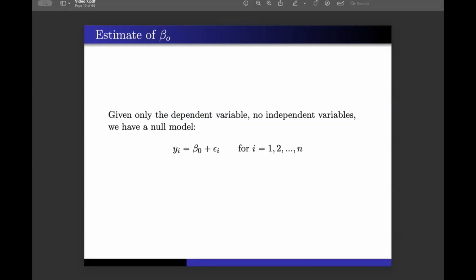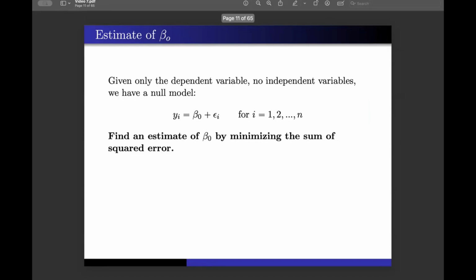Given a dependent variable and no other information, we have a null model equation Yi = beta naught + epsilon i.